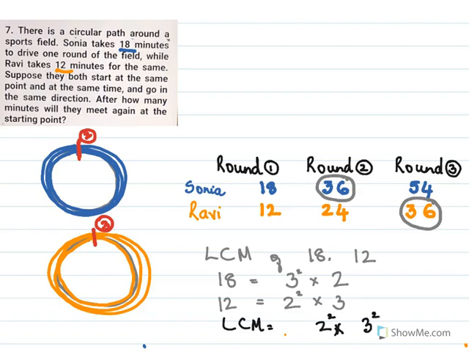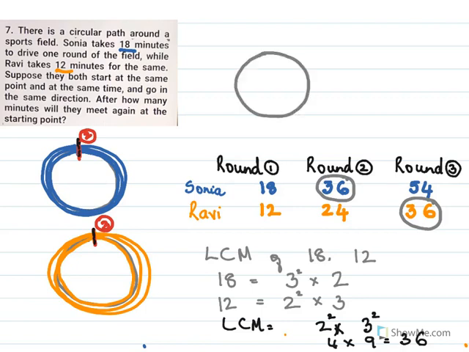So 2 raised to 2, 3 raised to 2. That is 4 into 9, which is 36. So they will meet after 36 minutes because at 36 minutes both of them will be at this point.